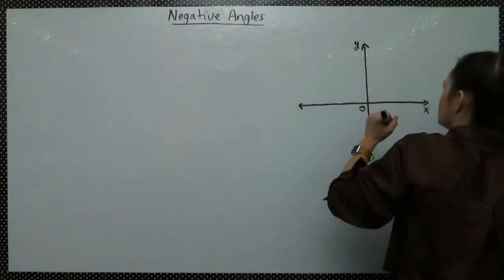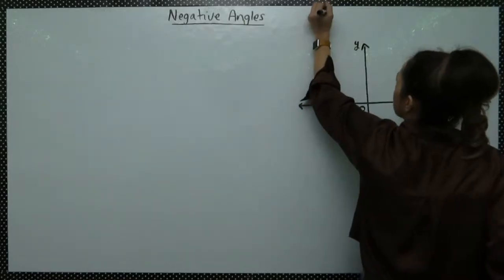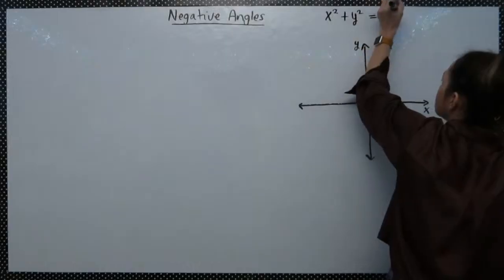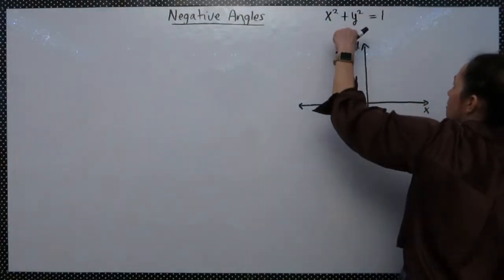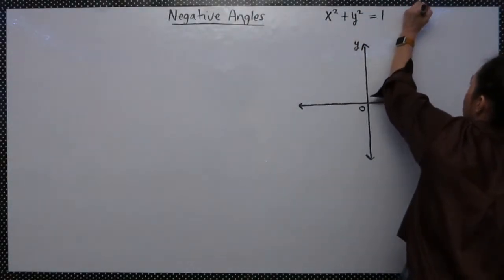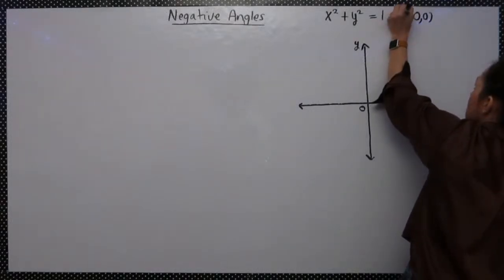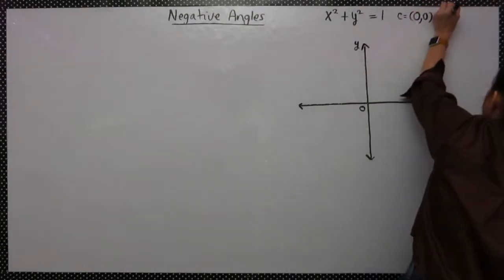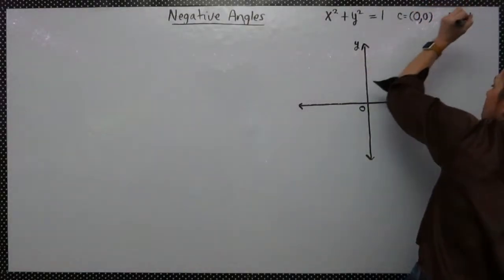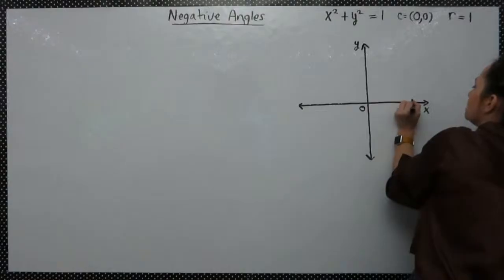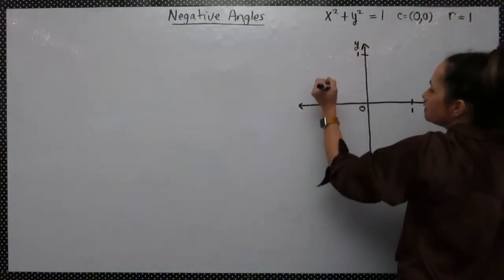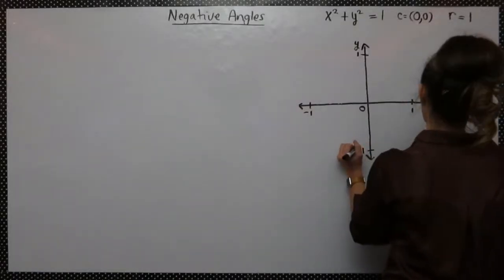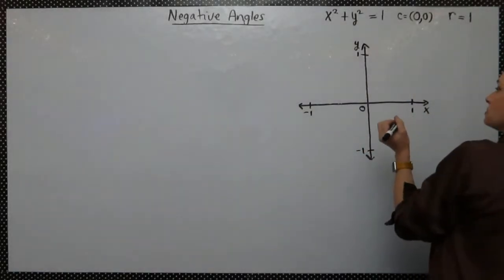What we're graphing is the circle x squared plus y squared equals 1, centered at the origin, so the center is 0, 0, with radius little r equal to 1. We've graphed the circle many times, but we're going to graph it one more time and talk about negative angles.